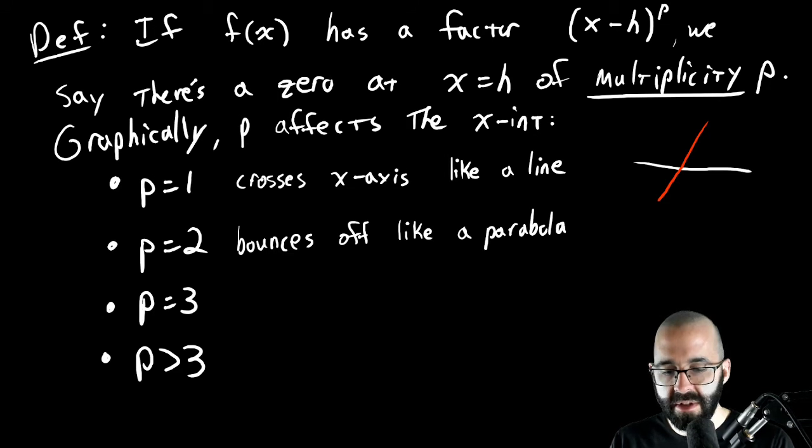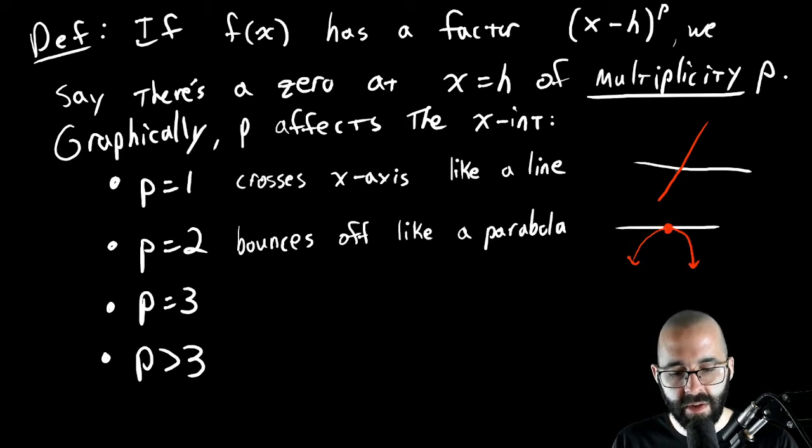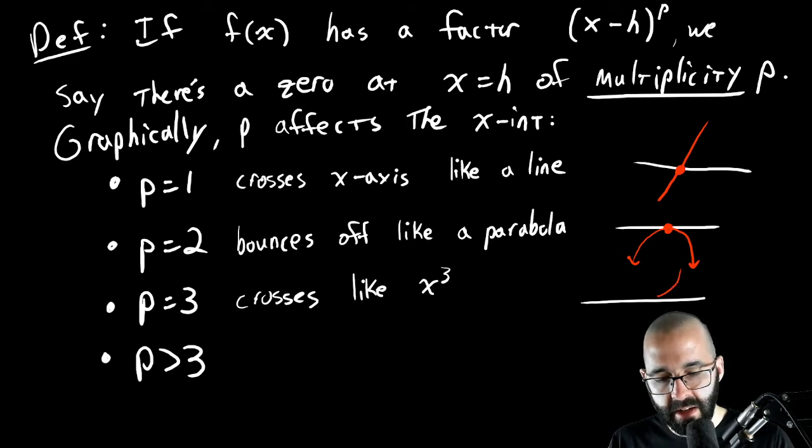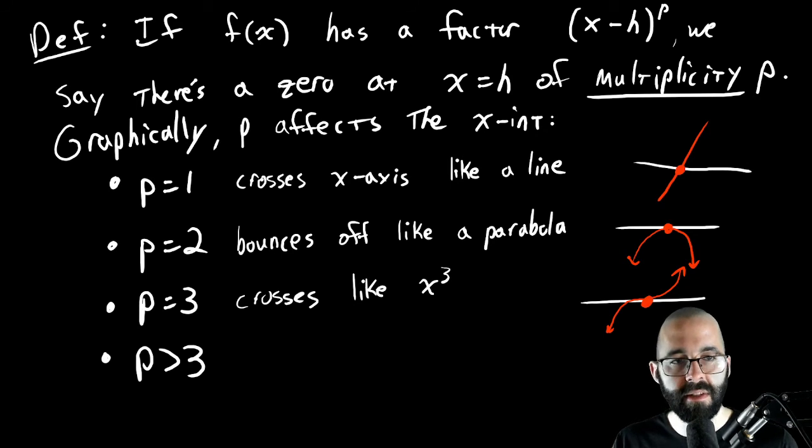And maybe it bounces off the top, maybe it bounces off the bottom, who knows? But it looks like this. Again, this is our 0, that's our x-intercept. P equals 3 crosses like x cubed. Again, kind of looks something like this maybe, or maybe it goes the opposite direction, it depends.